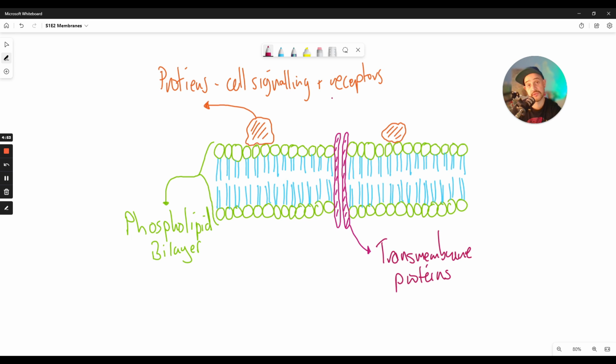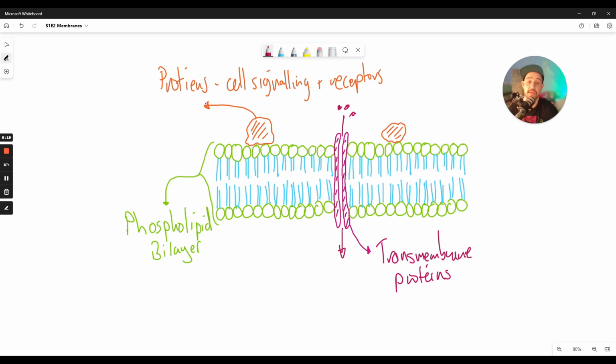Okay, sometimes we call them channel proteins, and this channel is there to allow certain molecules to come in and out of the cell. If you remember, the cell membrane's function from our last episode is to control what goes in and out of the cell, and it does that through the use of transmembrane proteins. Okay, so these will open and close, allow different molecules to go in or out of the cell accordingly.